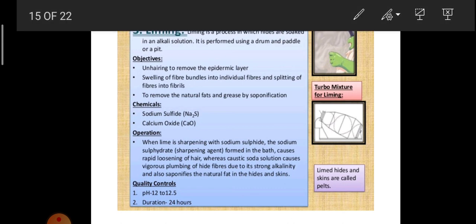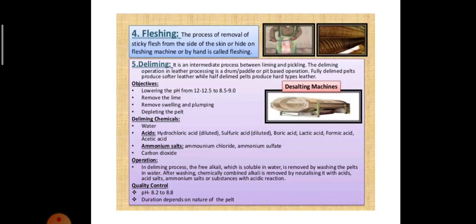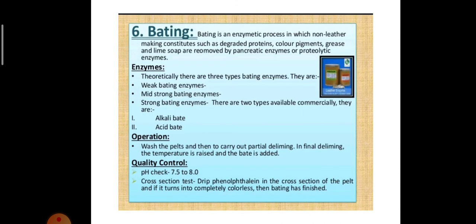The duration is up to 24 hours. The fourth important process is fleshing, the process of removal of sticky flesh from the side of the skin or hides on a fleshing machine or by hand.